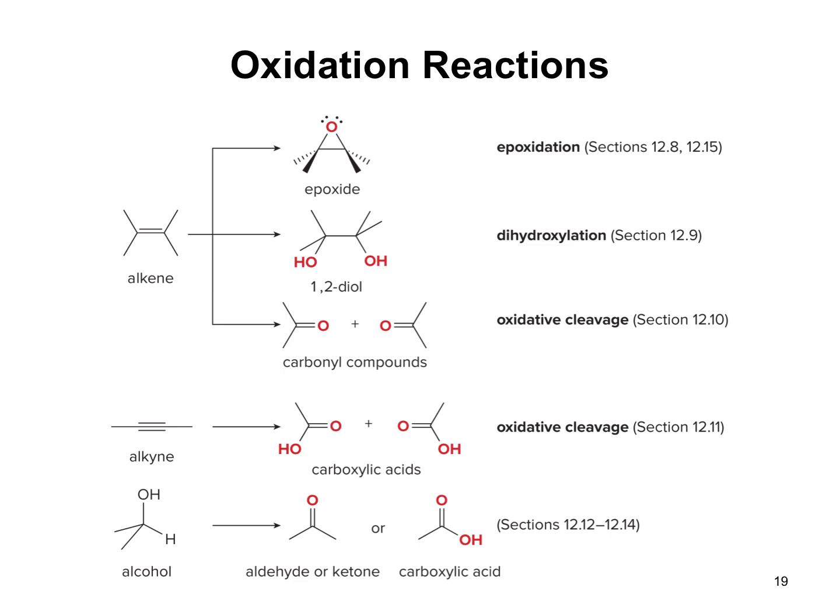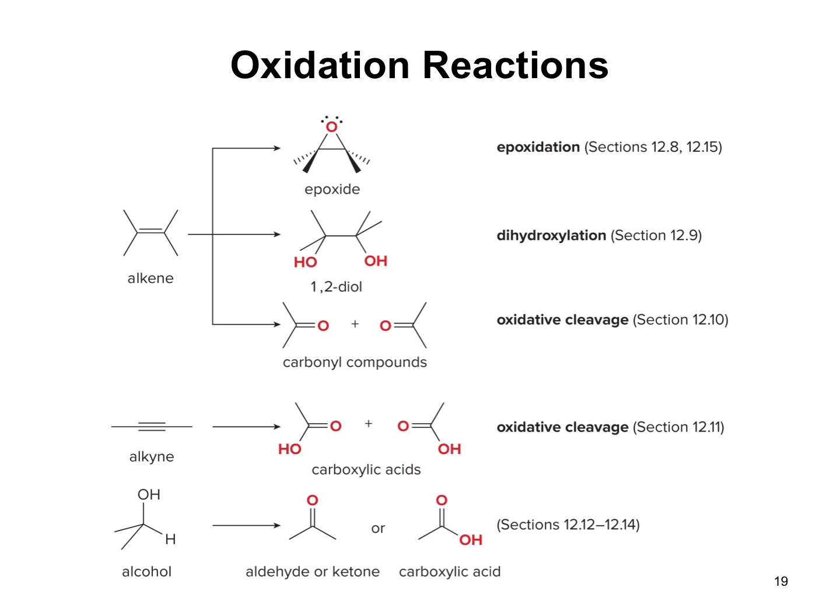And then they can undergo an oxidative cleavage, where this bond is cut and we end up with two carbonyl compounds. Alkynes will also undergo oxidative cleavage. And then we are going to talk about alcohols, which can form ketones or aldehydes or carboxylic acids when they undergo oxidation. So this is what we're going to spend the rest of our screencast talking about.